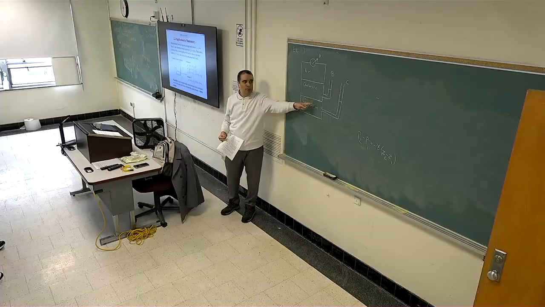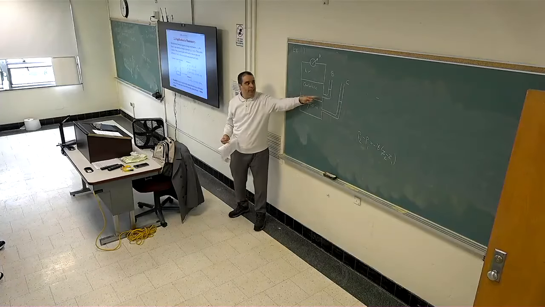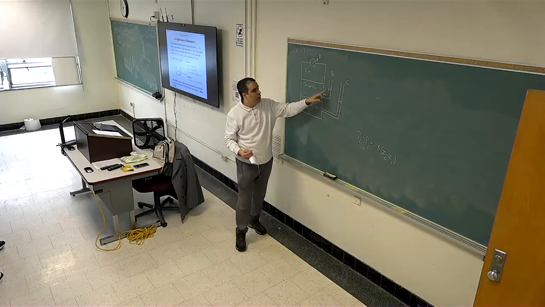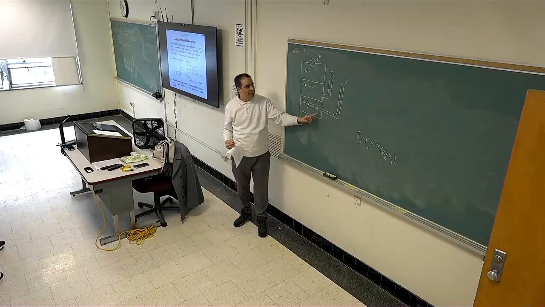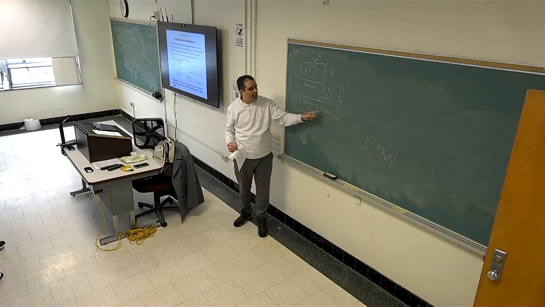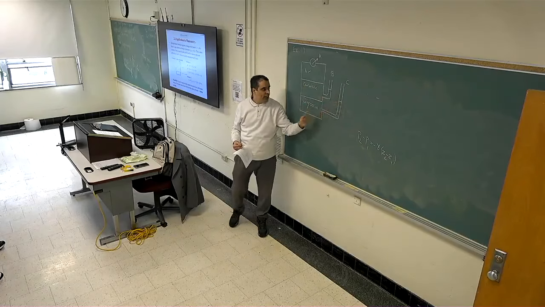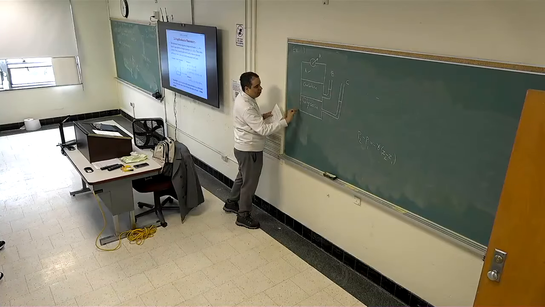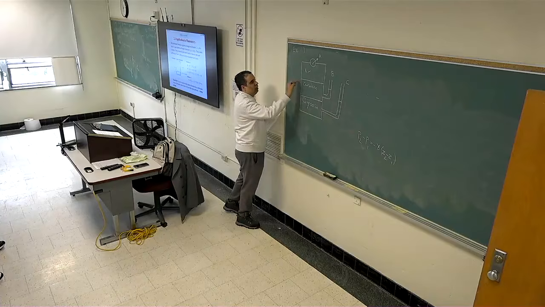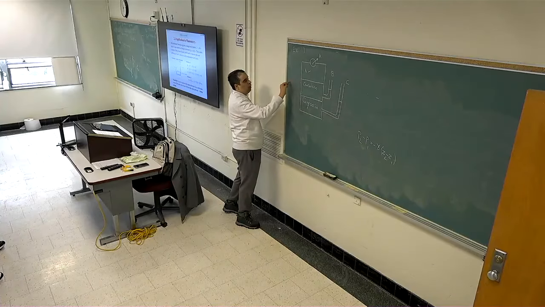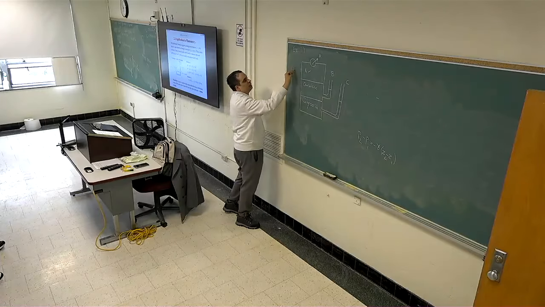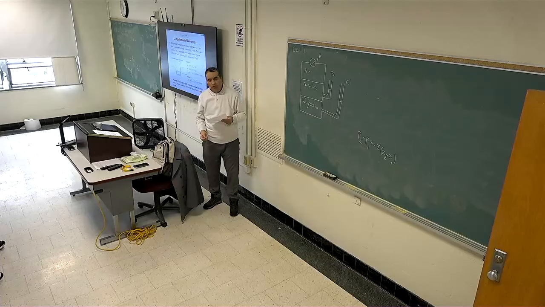H is from the glycerin surface to the entry point of the manometer for B, and Y is from the glycerin bottom to the manometer at point C. Glycerin has a height of 1 meter. This one is around 1.5 meter. This is around 2 meter. So we have this data.